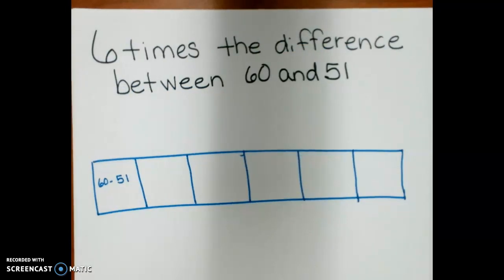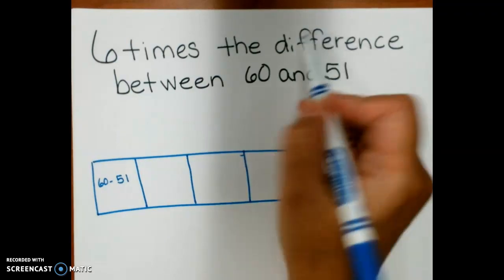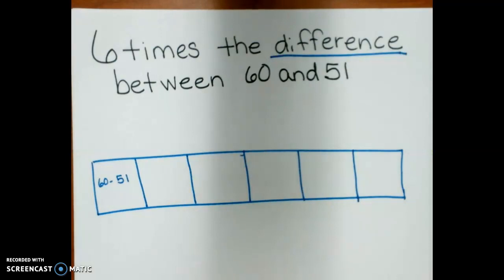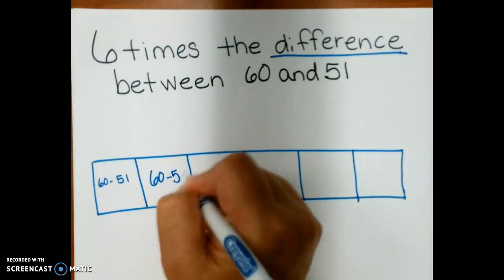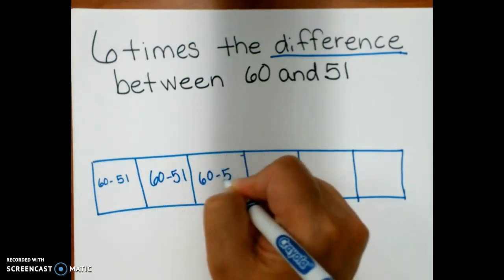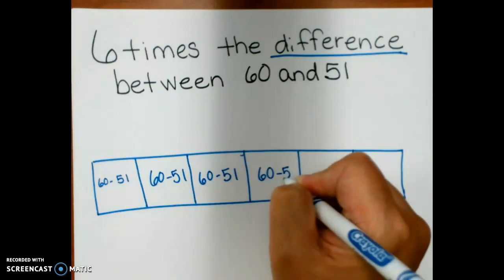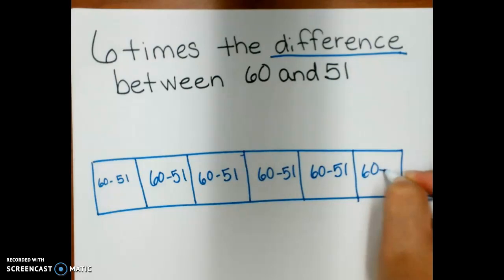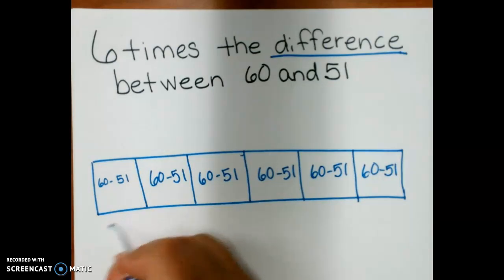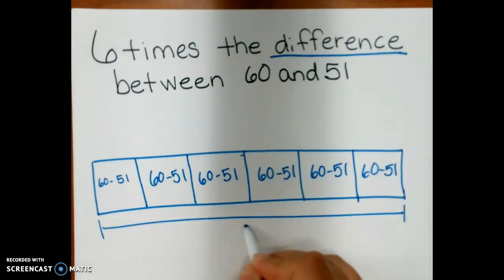Okay, now this one's going to get a little harder. I have 6 times the difference between 60 and 51. When I'm finding the difference between 2 numbers, I'm going to subtract. So I went ahead and drew my bar model, which all of you should be doing. I have 60 minus 51, and I'm going to do that 6 times. So this is what it would look like in a bar model. And I'm trying to find out what this whole thing is.